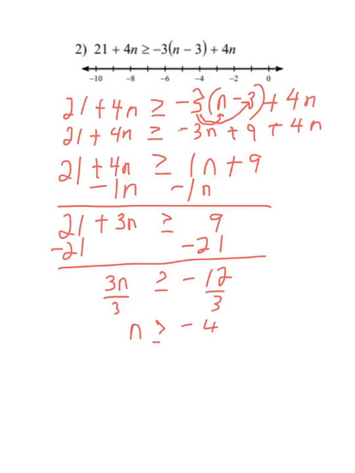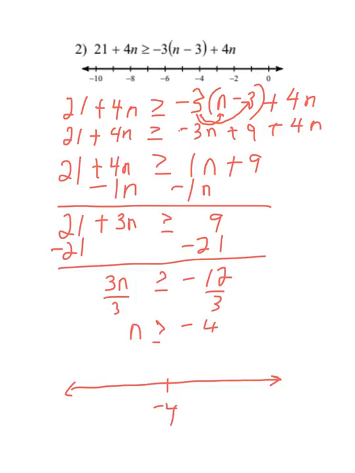Now the next thing I need to do is graph this inequality. So what I recommend you do is this. You draw a number line. The number that you see in your final inequality should go in the middle of your number line. So for this problem, the number that goes in the middle is negative 4.